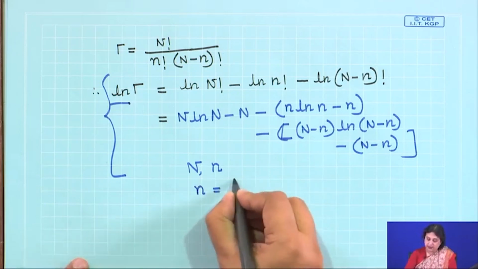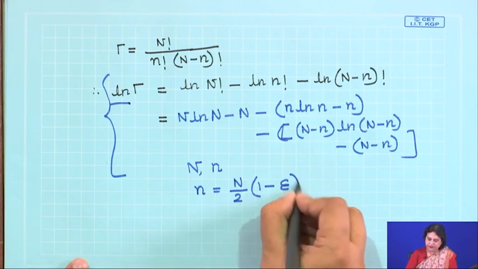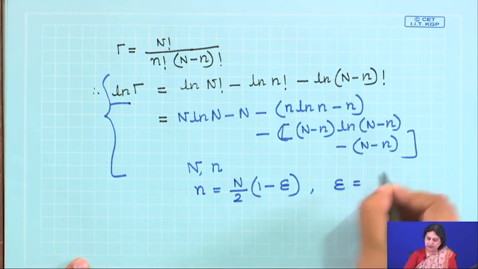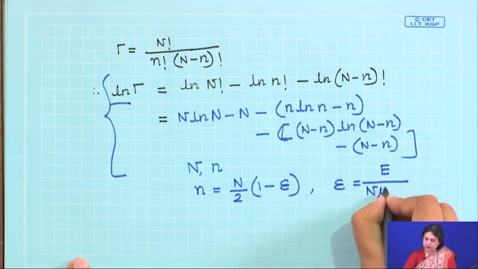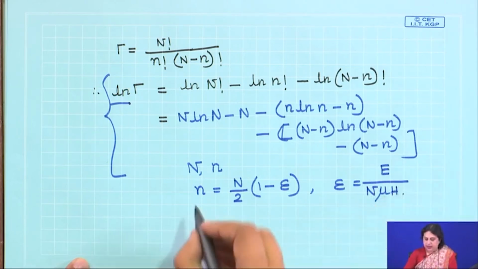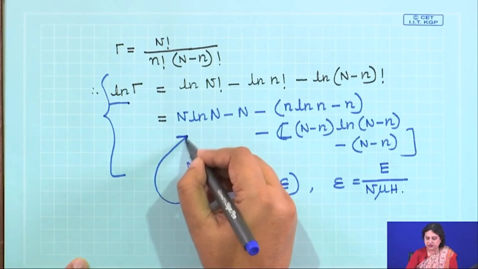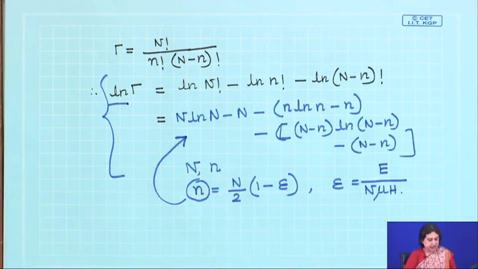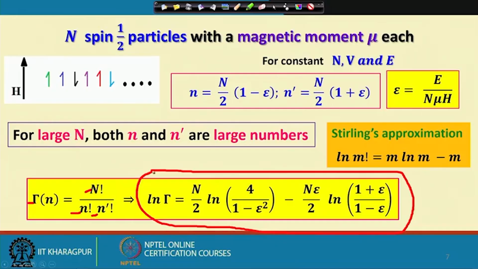Small n is given by capital N by 2 times 1 minus epsilon, where epsilon is equal to capital E divided by capital N mu h. And you can put this expression of n back into this expression, and what you get is a very nice expression giving us what ln gamma is in terms of capital N and epsilon.